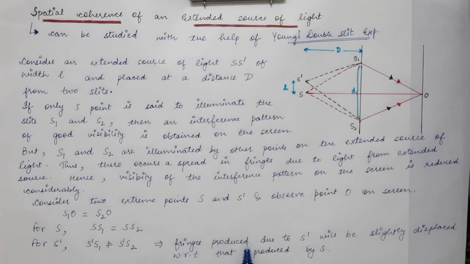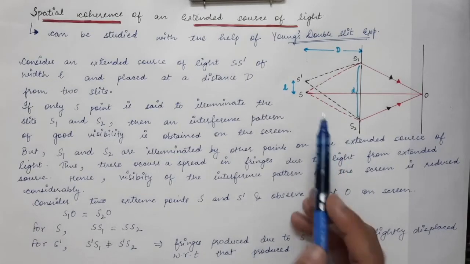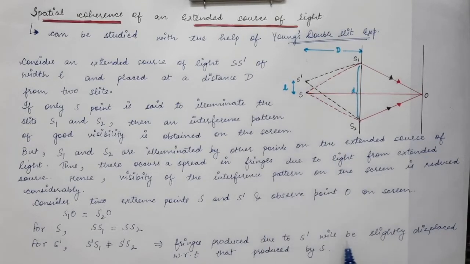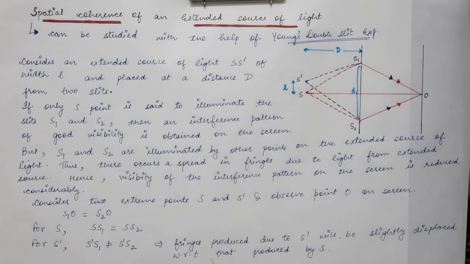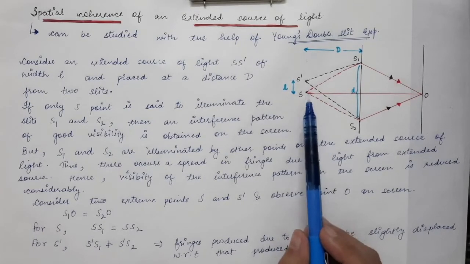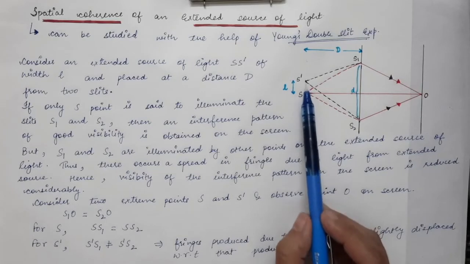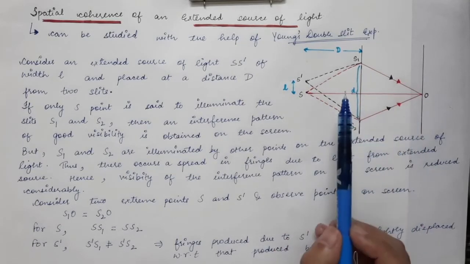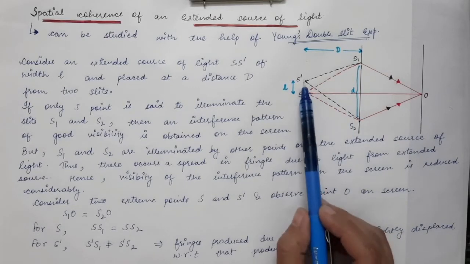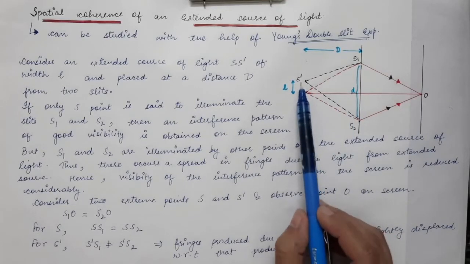So the fringes produced due to S' will be slightly displaced with respect to the fringes produced by the S point source, since they are kept at a certain distance apart. Therefore, the interference pattern will also be displaced for these two point sources.